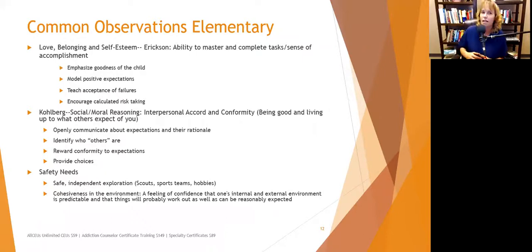Now, it's not going to work out perfect all the time, but cohesiveness in the environment means that if you take a chance, for example, and it doesn't work out, all right, well, you can come home and you're going to be welcomed with loving arms. So, yeah, it didn't work out perfect, but it worked out as well as could be reasonably expected. You tried something, you learned something about yourself, and you're still loved.